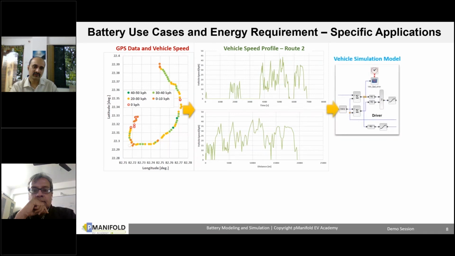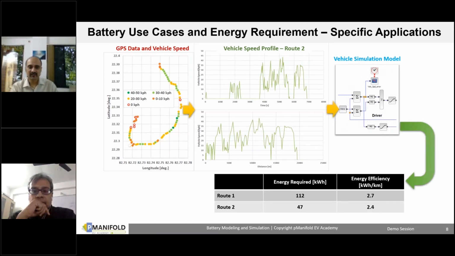Again, you can feed this into the driver model in a simulation as the target velocity profile, and you can generate the energy requirement as well as the energy efficiency for that particular real life use case. So as long as we know how to generate the data that is required as input to the driver, which is velocity versus time at the minimum, and if you have access to the road profile, that also can be put in, and you can understand how different routes affect the energy efficiency and the range.